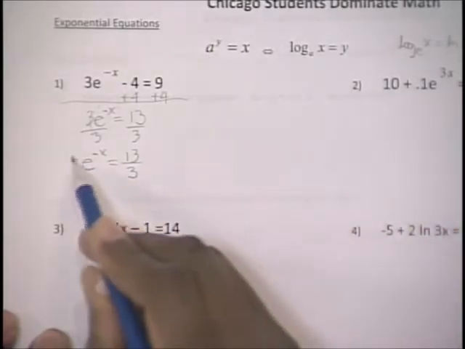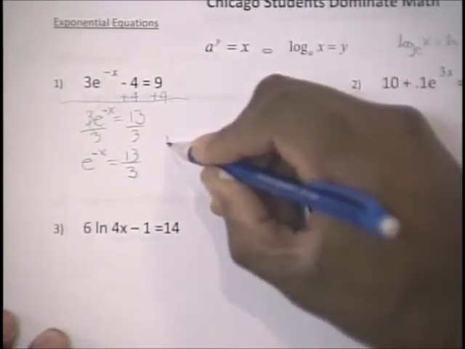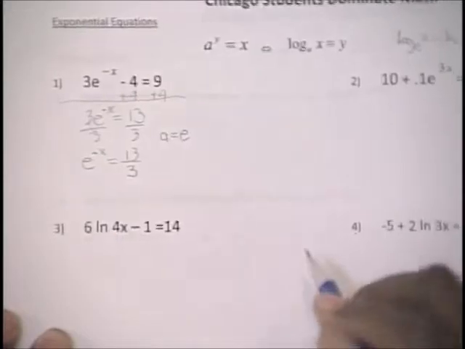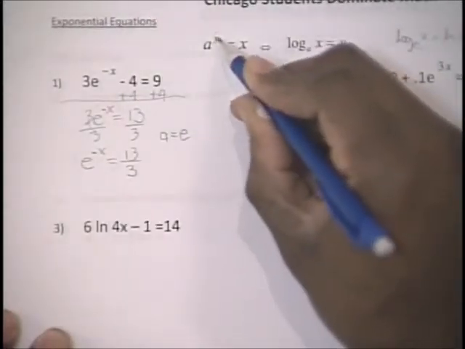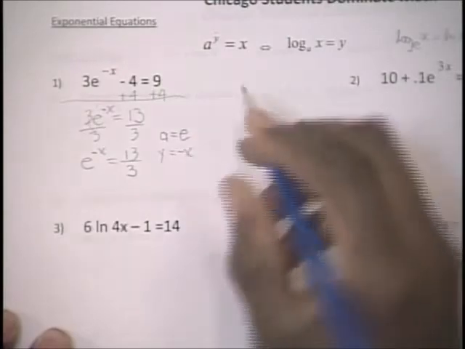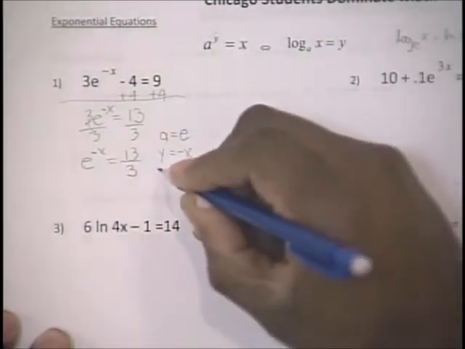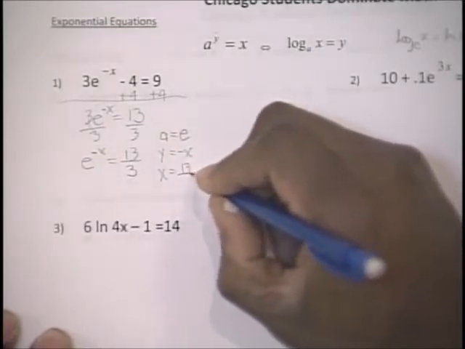Our a, this equation is written in this form. Our a is e. Our y is negative x. And for our problem, our x is 13 over 3.